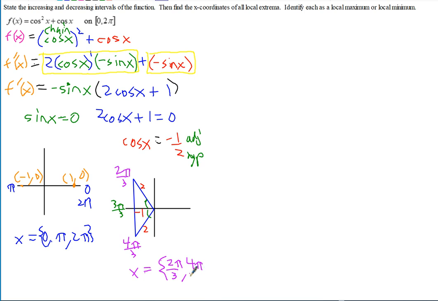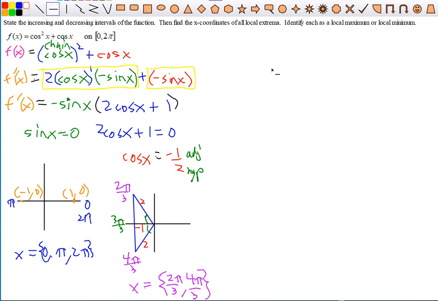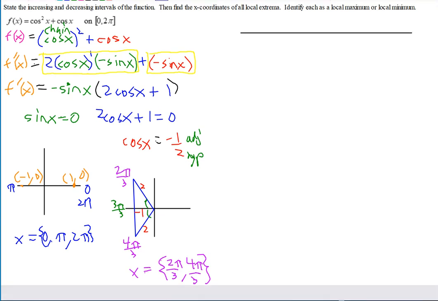So now we just have to put these all on the number line. But on this number line, we're only looking between 0 and 2 pi. Okay, and I'll label it f prime of x. And notice, in this case, 0 and 2 pi are already our endpoints.